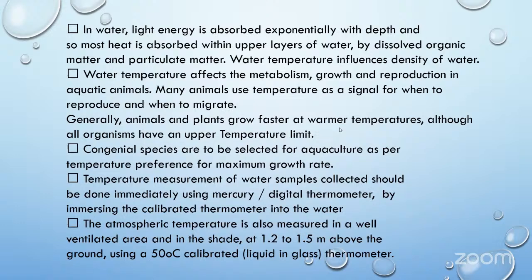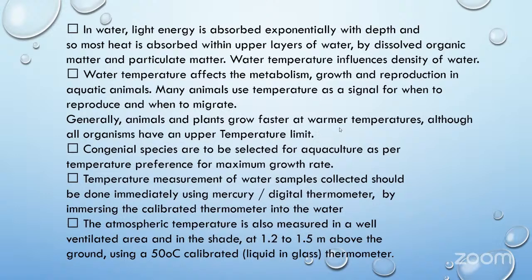Many animals use temperature as a signal for when to reproduce and when to migrate. Generally, animals and plants grow faster at warmer temperatures, although all organisms have an upper temperature limit. Congenial species are to be selected for aquaculture as per temperature preference for maximum growth rate.